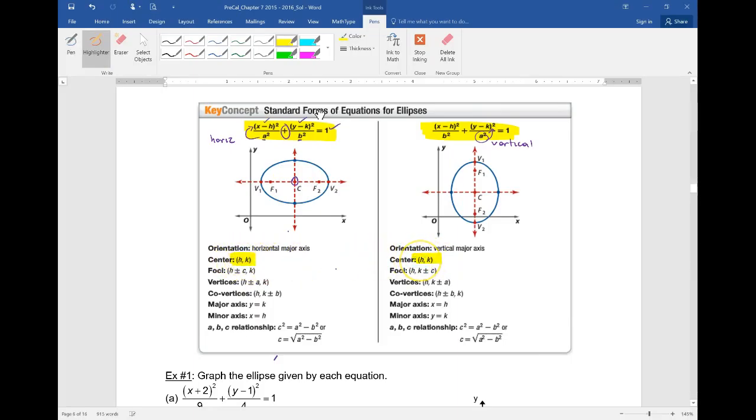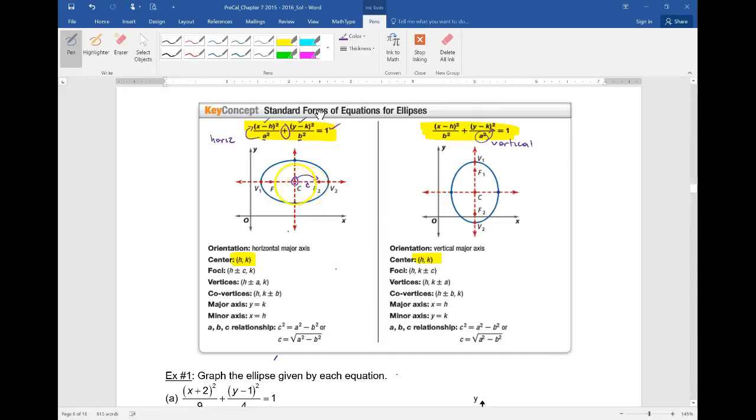Okay? Now, if I'm at the center and I have to go to the focus, do I go horizontally or vertically to go to the focus? I go horizontally. That means if I go horizontally, does my Y value change at all? No. Which value does change? X value. Now look, the distance here is C, right? So suppose that's like 3.